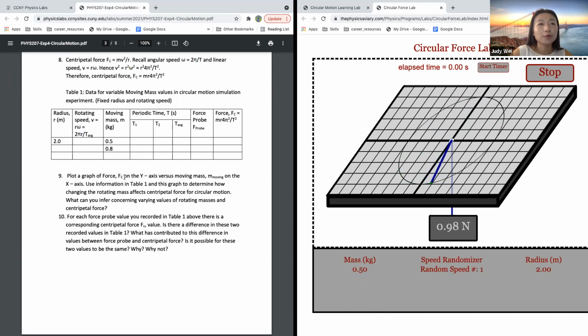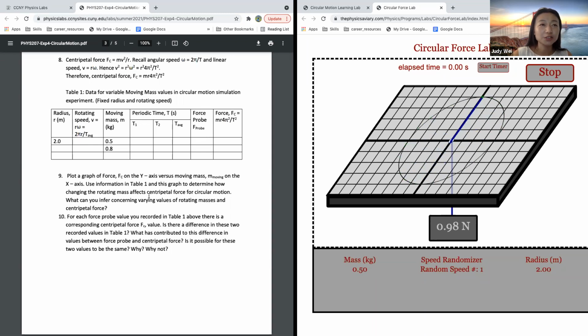So y will be the force, x will be the mass. You basically have 7 different data sets. You plot seven points in your graph and see what the relationship between them is. What can you infer concerning varied values of rotating masses and centripetal force?